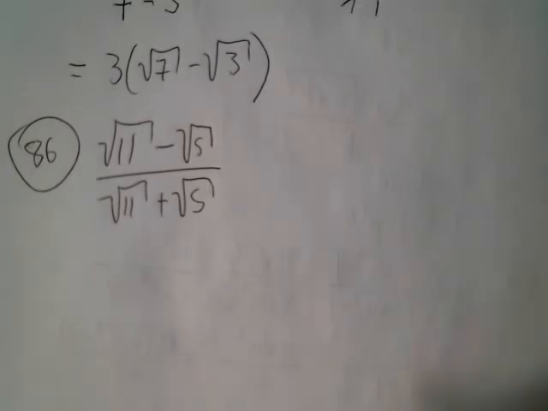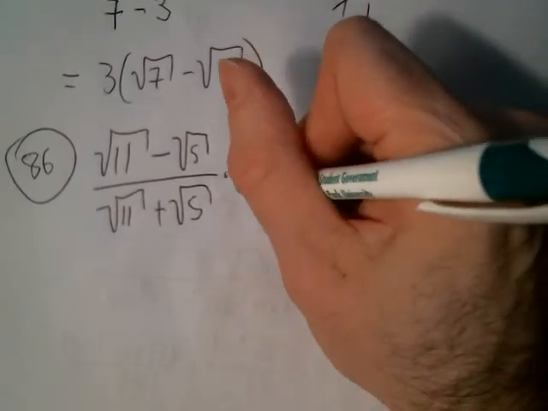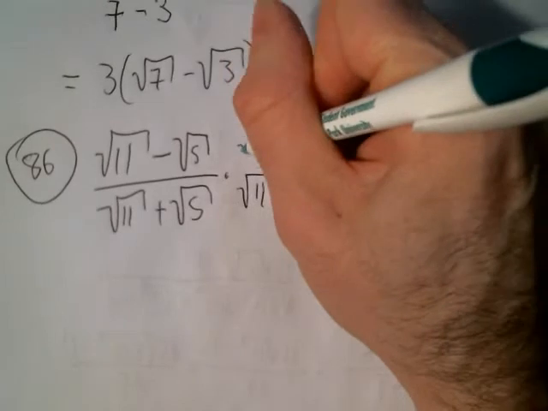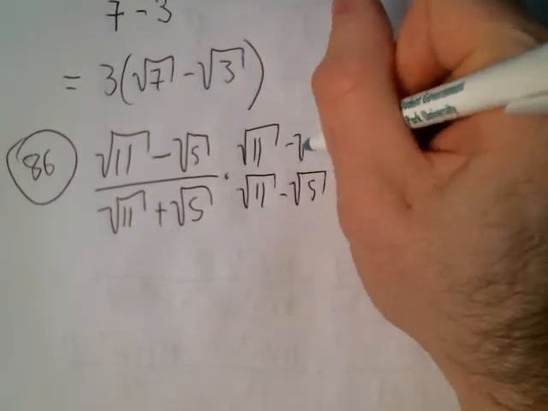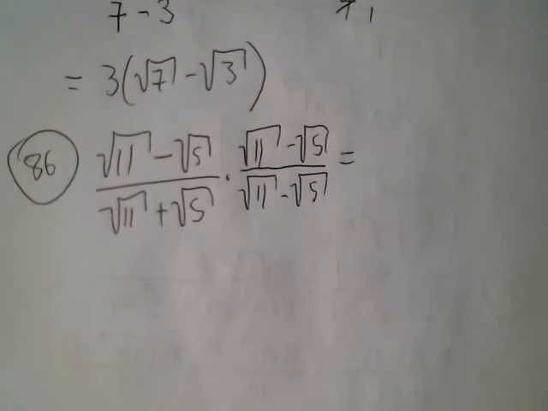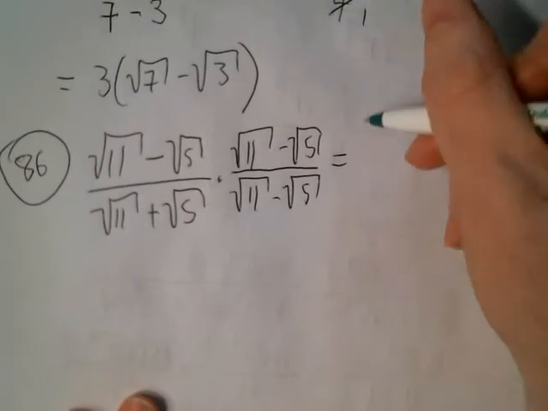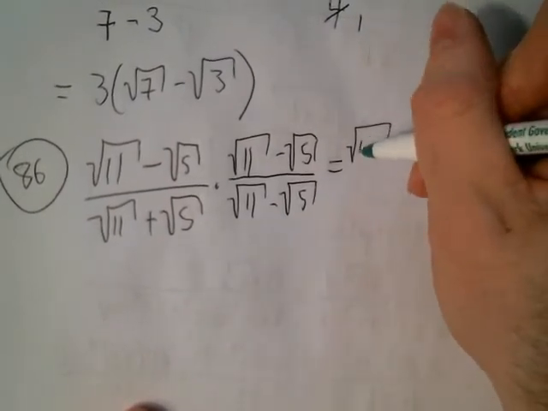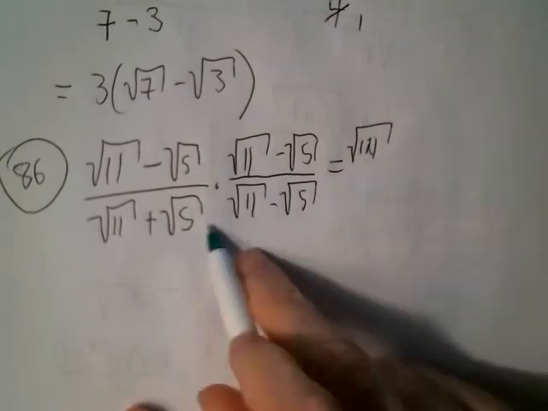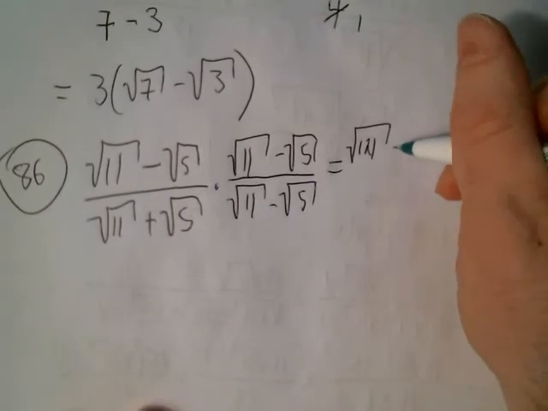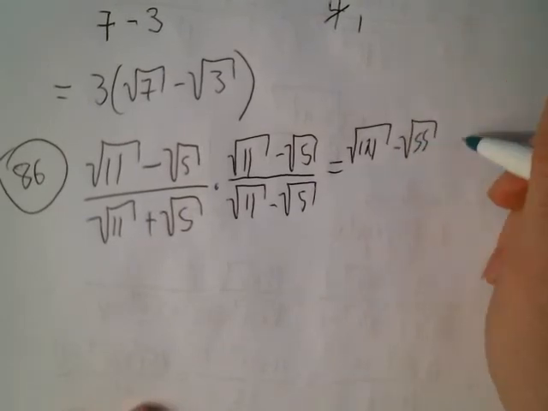So this time I want to multiply top and bottom by radical 11 minus radical 5. In the numerator, first, outer, inner, last, we'll have square root 121, which ends up just being 11. The outer, minus square root 55.